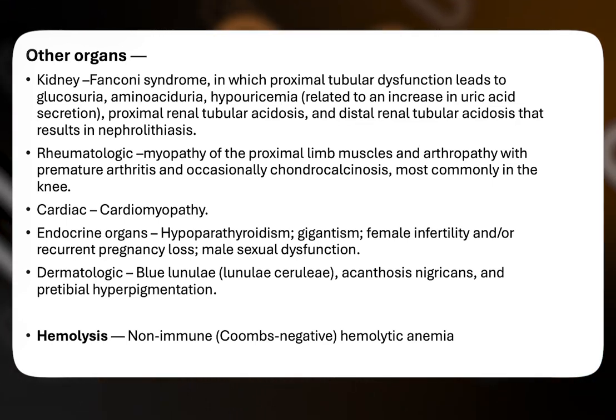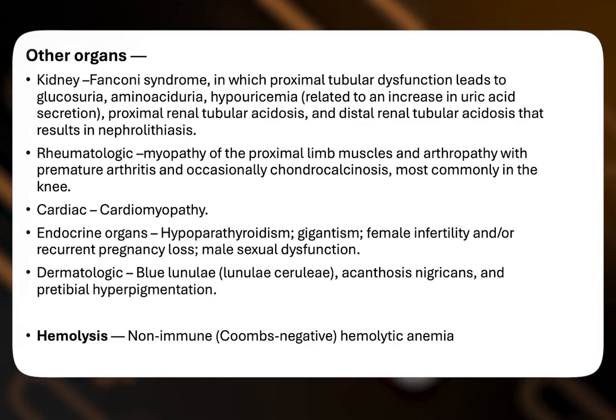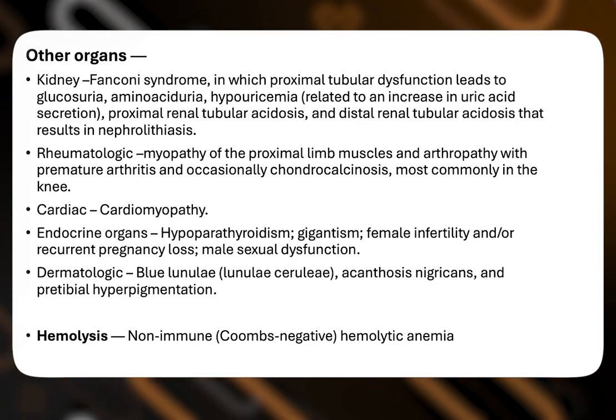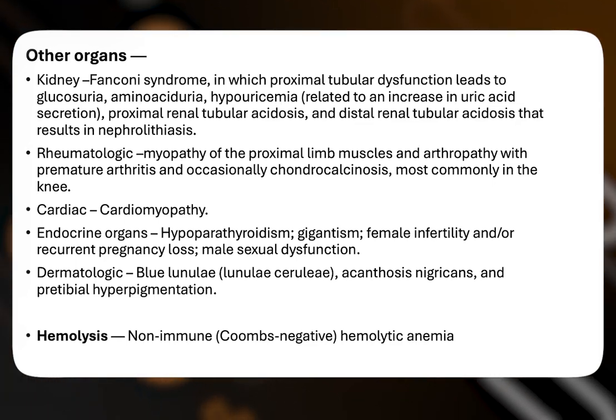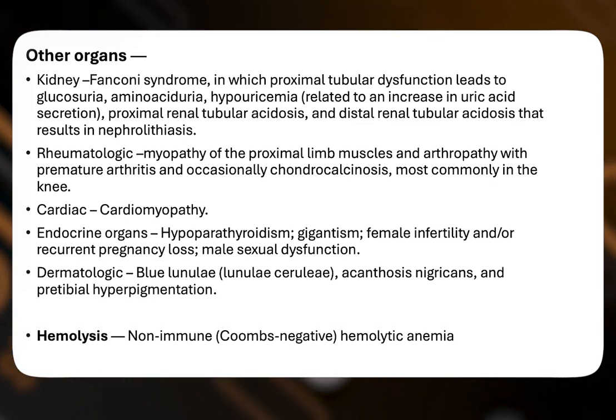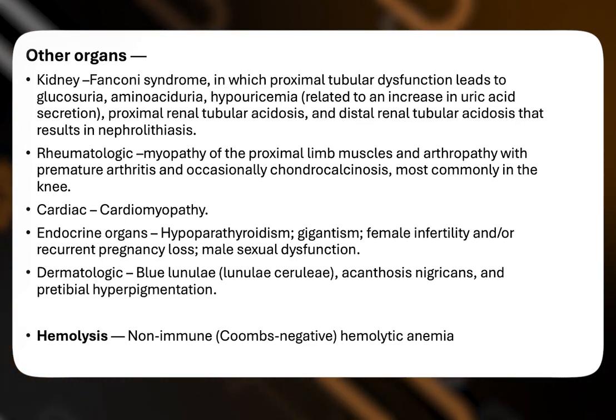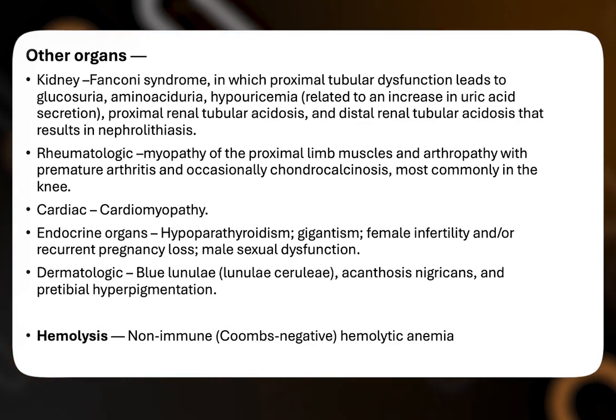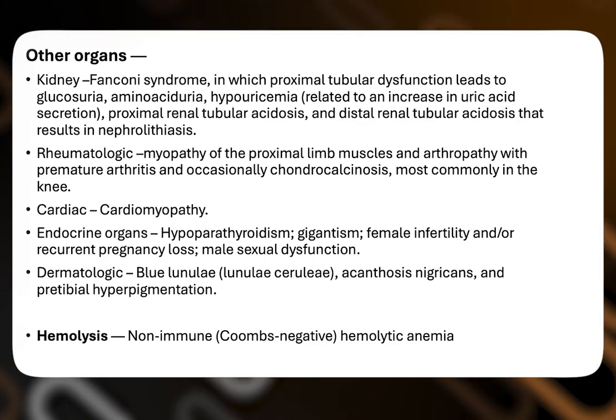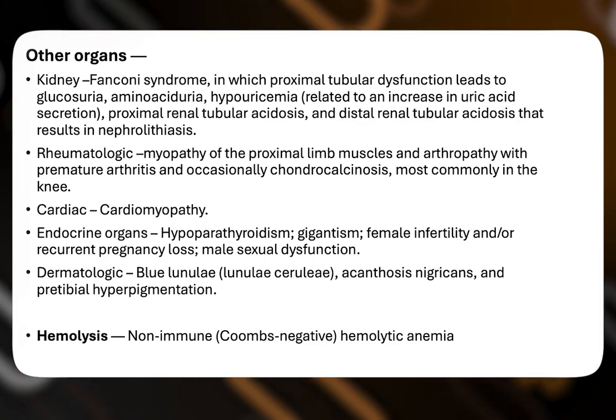And as we mentioned, hemolysis, Coombs negative hemolytic anemia. So these are the main organs involved: the liver, the brain, the knee joint with chondrocalcinosis, cardiac, some dermatological, and some renal problems.